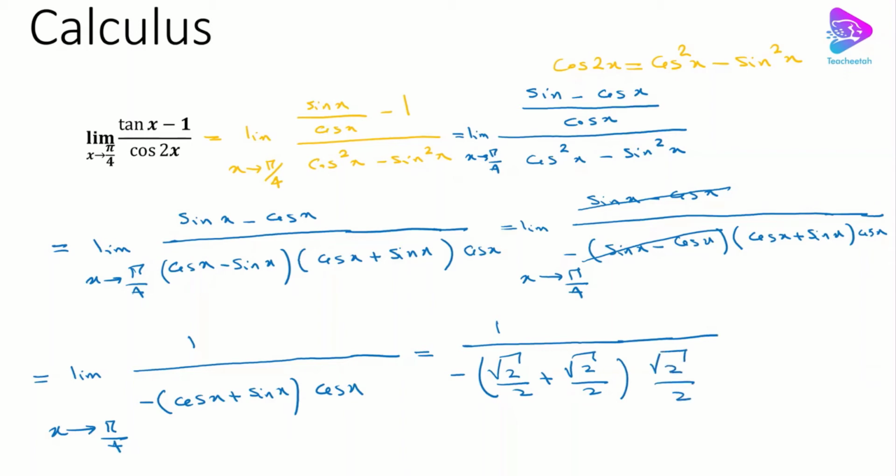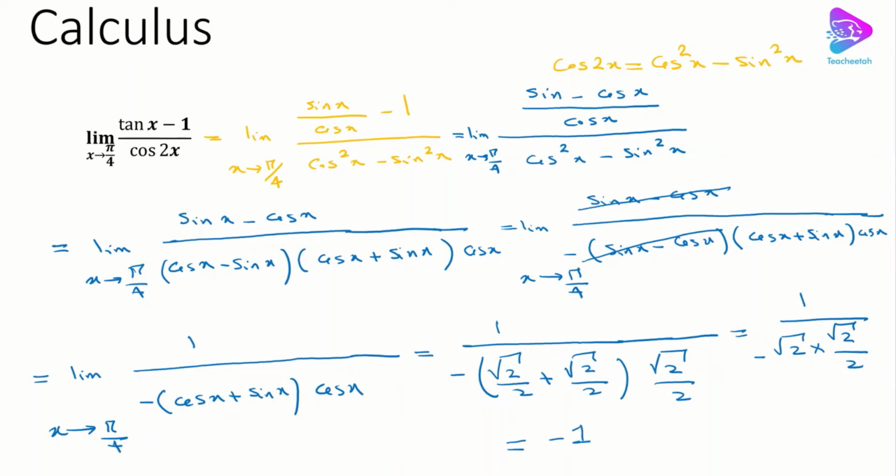So the answer is going to be 1 over square root of 2 times square root of 2 over 2, and we have a negative sign here. The final answer is going to be minus 1.